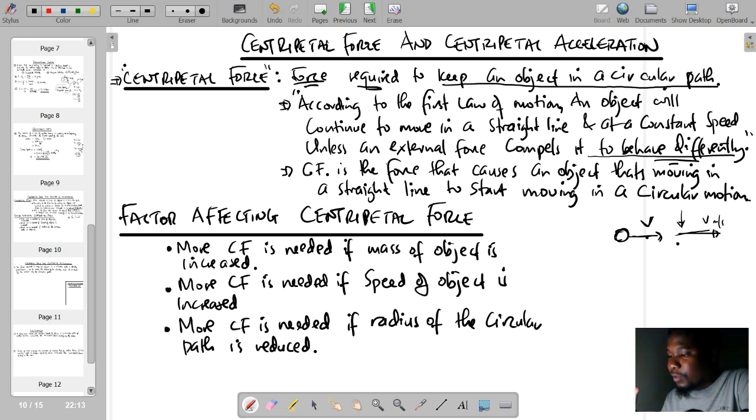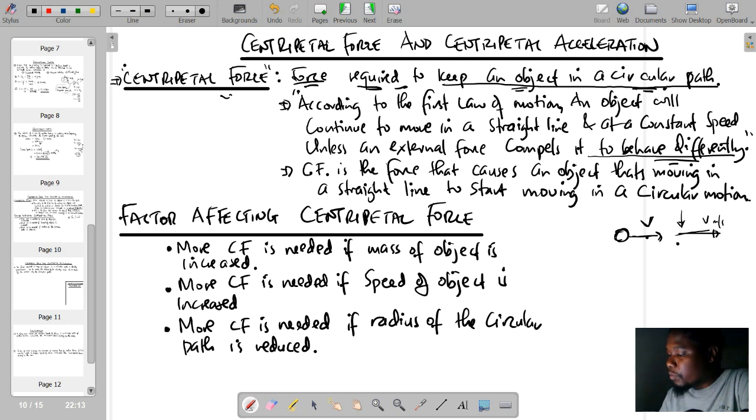There has to be a force constantly acting on the object to keep it moving in a circular path. That is very important for you to understand. That's all it does. It keeps the object in the circular path. It does not really cause the motion, but it just keeps the object in the circular path.